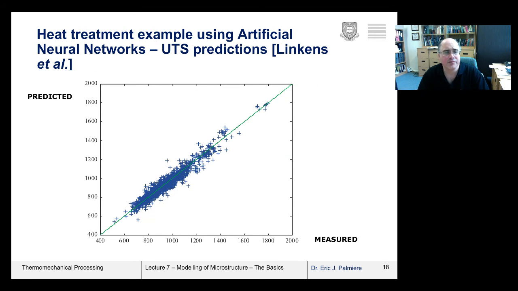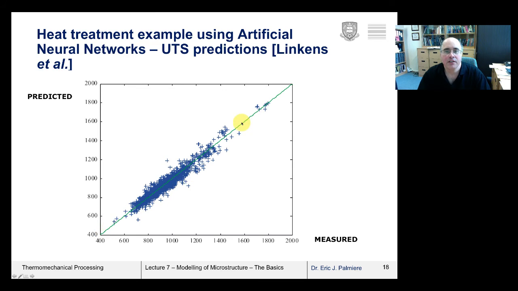Here's such a prediction. In this case, it's a plot of predicted tensile strength plotted against actual measured yield strength, tensile strength data.